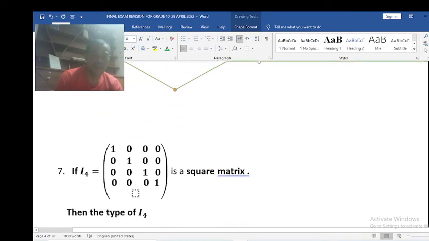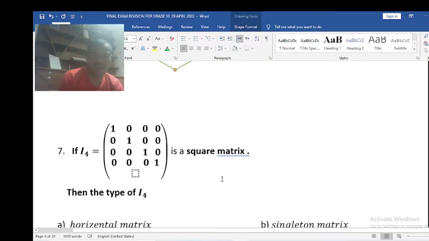Question 7. If the square matrix of order 4 by 4 is, in fact, the unit matrix, simply because all the values on the diagonal are equal to 1, then what is the type of I4?